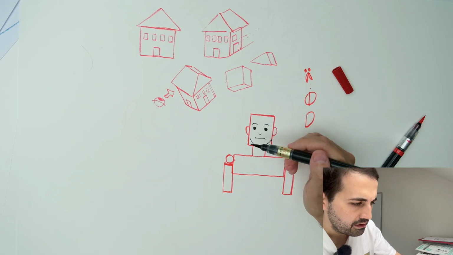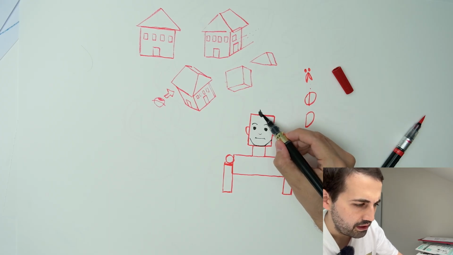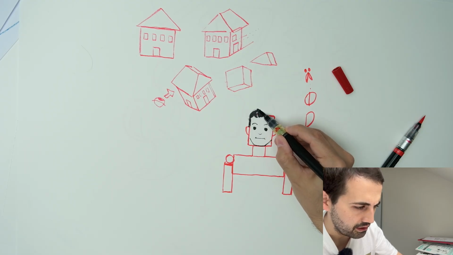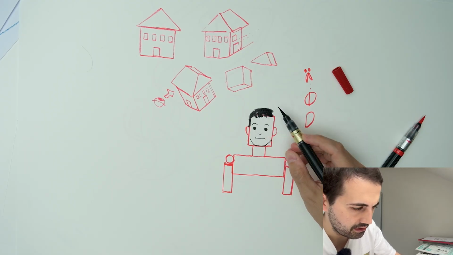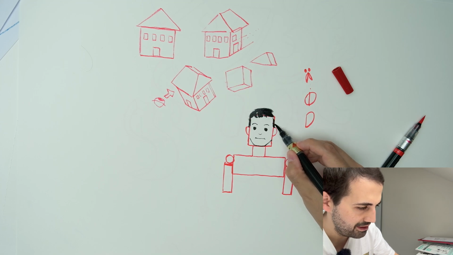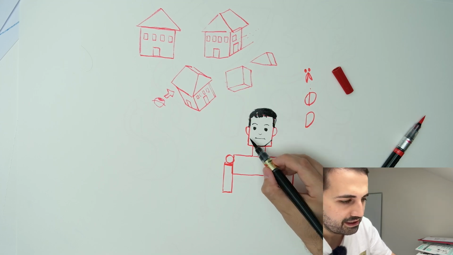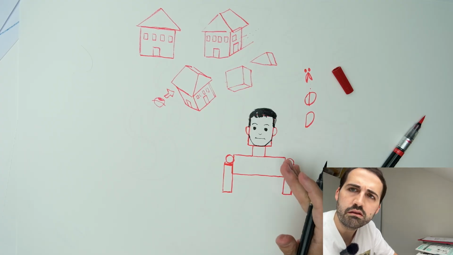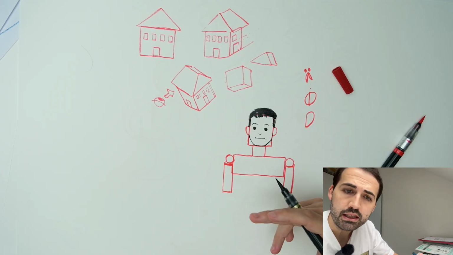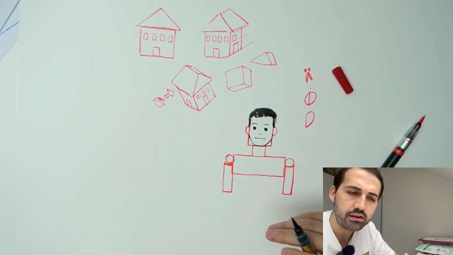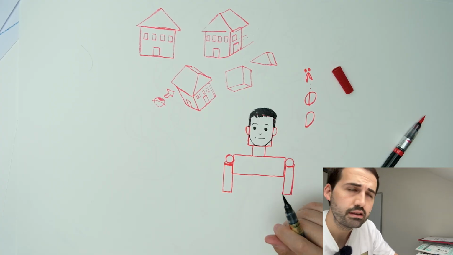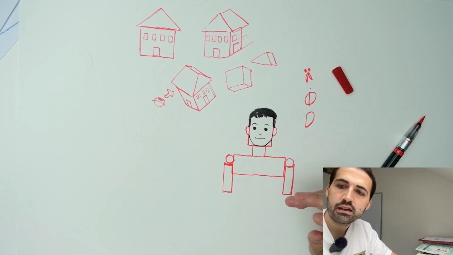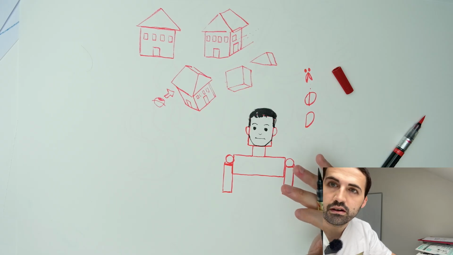I have my ears, and for the hair, we're not going to lose a lot of time right now. I will give you some tips on drawing the hair. Right now I'm just going to draw a blurry shape. And we will look into the individual elements that make the human body in a bit. Keep in mind that, again, I'm not going to tell you the names of the entire muscles. I'm just going to tell you key lines, key aspects that it would be ideal for you to focus on.